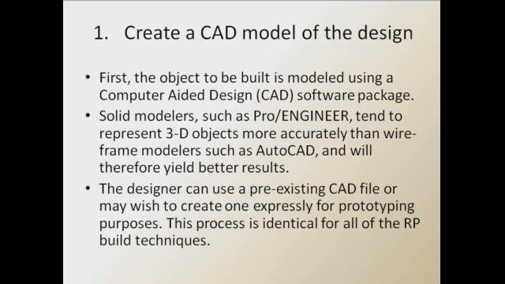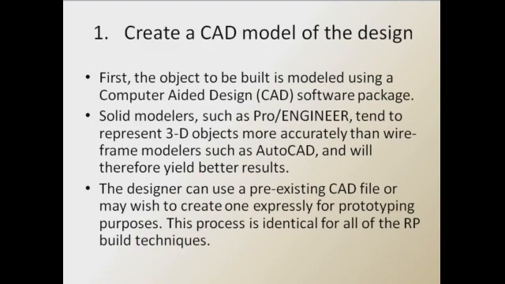The first step is to create a CAD model of the design. First, the object to be built is modeled using computer-aided design software packages. Solid modelers such as ProE tend to represent 3D objects more accurately than wireframe modelers such as AutoCAD and will yield better results.